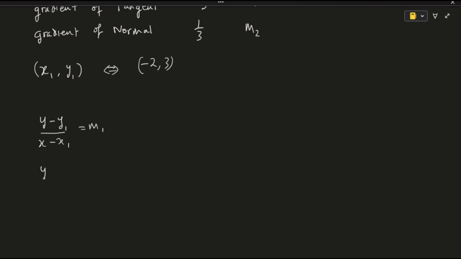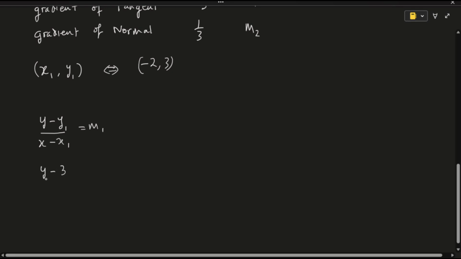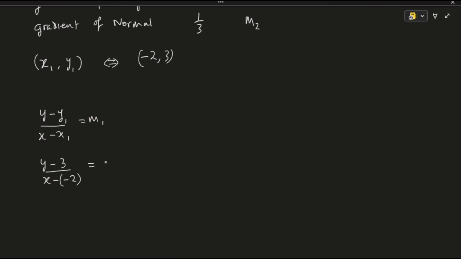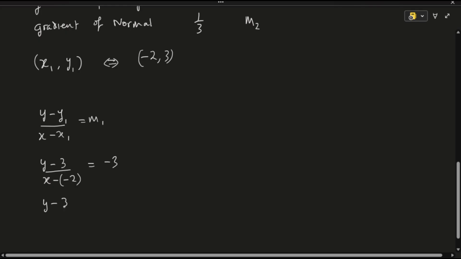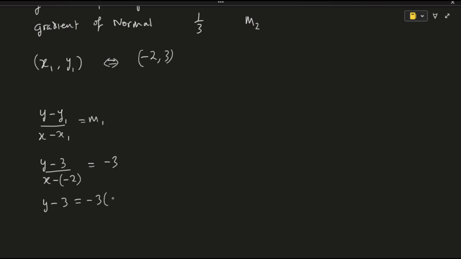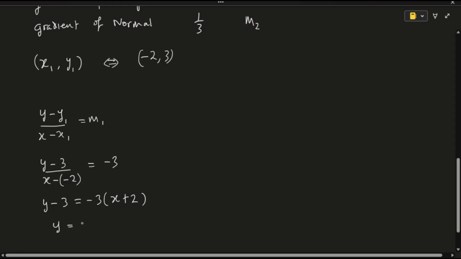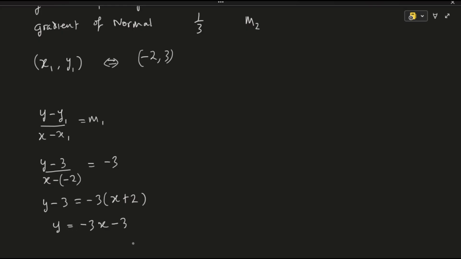so we're going to have this. m1 is -3, so the equation of the tangent, so we're going to have this. So that is the equation of the tangent, and the equation of the normal will be given by this.